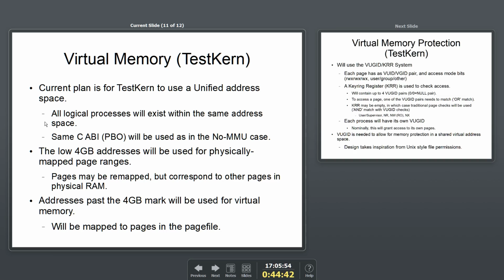So as noted, all logical processes will exist within the same address space. That's self-explanatory enough. The same C ABI, namely the PBO ABI, will be used as in the no MMU case.